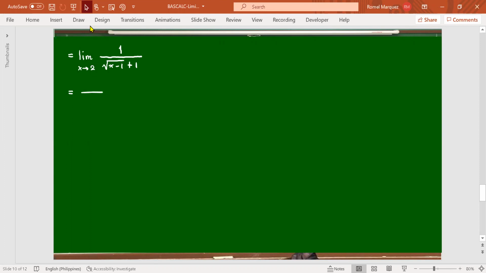So we can now apply the direct substitution rule. Na-verify na natin kanina na pwedeng gamitan ng substitution rule itong radical na to, kasi hindi naman siya dulo. May immediate left and immediate right siya. So I can apply substitution technique. So 2 minus 1 plus 1 in the denominator, 1 here. So this gives us what?